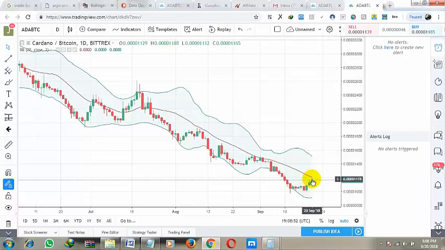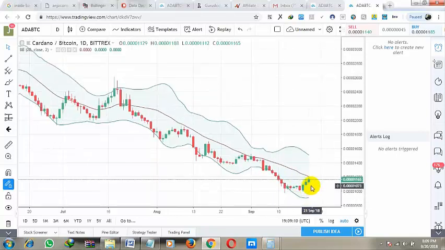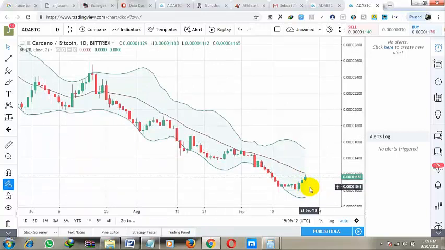And as you can see, it almost touched the line, and that was at 1,187.92 Satoshi or thereabout. It pulled back, but it's not yet time to determine because this candlestick is not yet over.